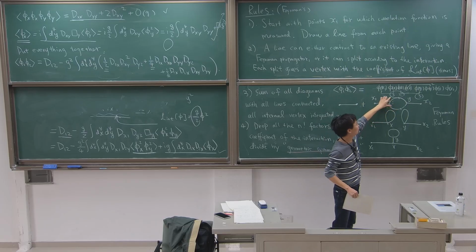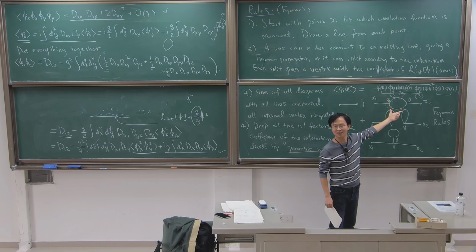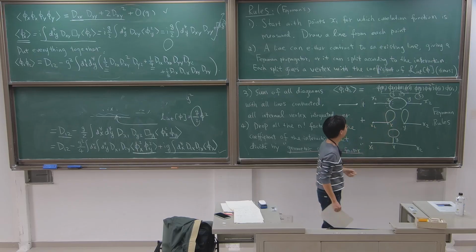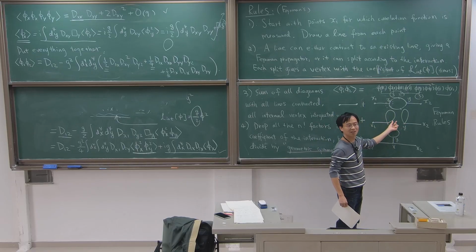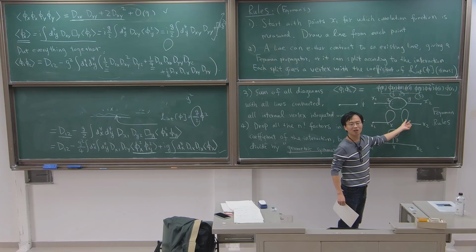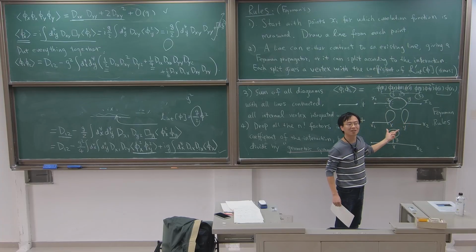If you permute these 2 lines, it is the same diagram. So that factor 2 is coming from here. Now for this diagram, again, you can permute this one and this one, and also this one and this one. So you have a factor 4 overcounting, so you have to divide by 4.